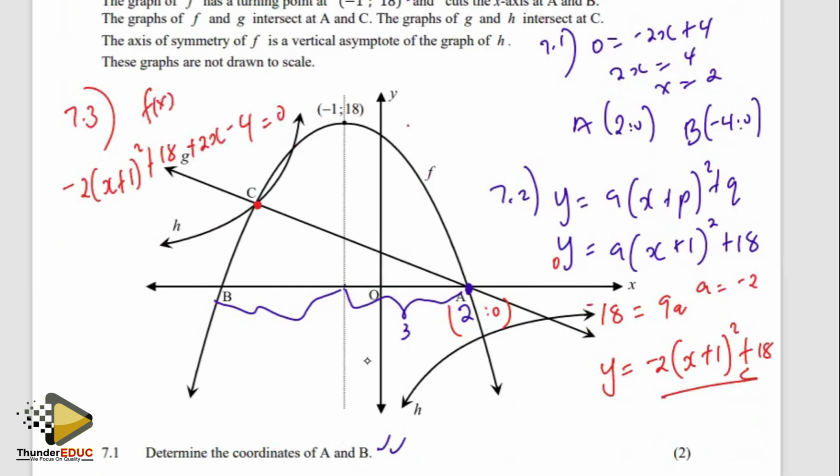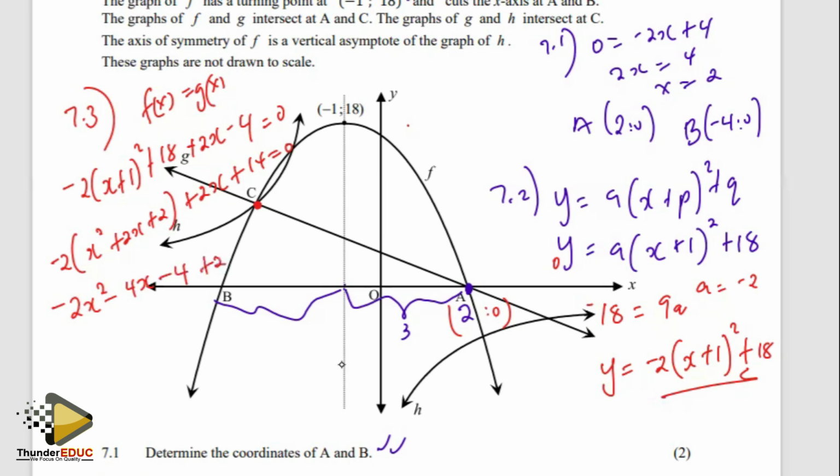So I'm saying f of x equated to g of x, and then we simplify. Okay, opening this up, that's going to be x squared plus 2x plus 2. That's going to be plus 2x plus 14 should be 0. Negative 2x minus 4x minus 4 plus 2x plus 14 is 0.